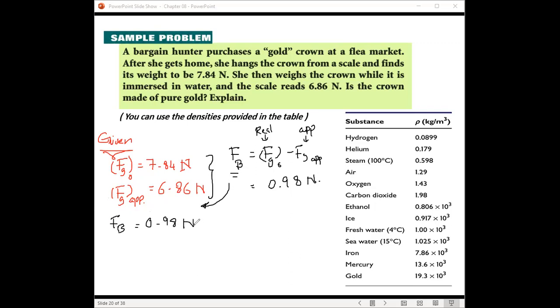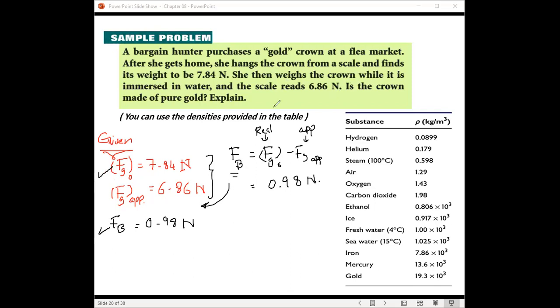I'm sorry, forget that for now, don't put 0. So we have FGO, it's given, and FB, it's given. Let's continue reading.